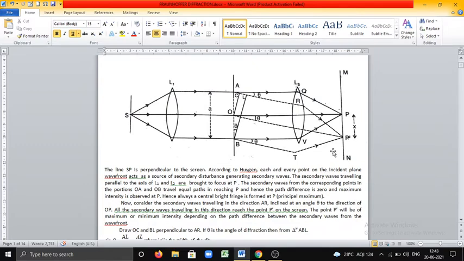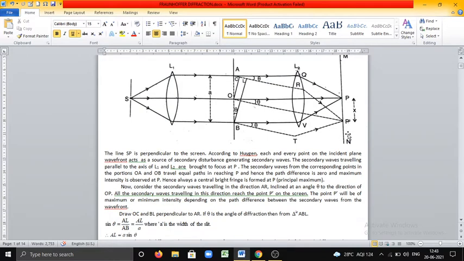The point P dash will be of maximum or minimum intensity depending on the path difference between the secondary waves from the wavefront. P always corresponds to a bright band because the path difference is 0. But P dash may be bright or dark depending upon the path difference.